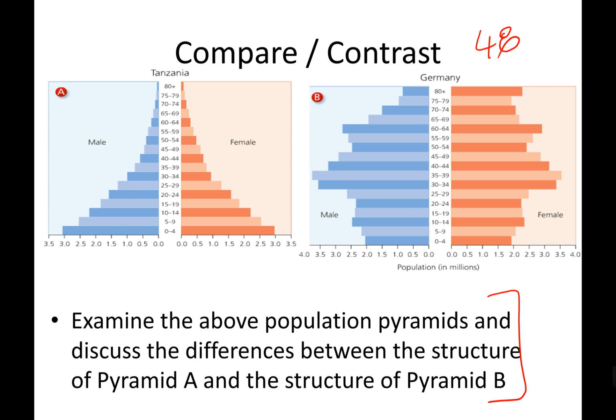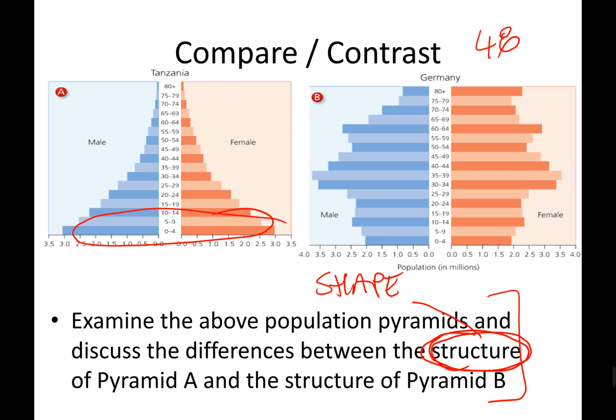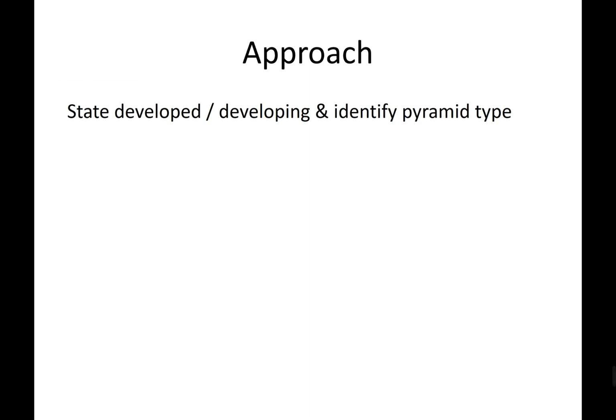So examine the above population pyramids and discuss the differences between the structure of Pyramid A and Pyramid B. Structure always refers to shape. So when you see that, you're talking about the base, the progression, and the top. Okay? So here's how you're going to answer this. You're going to start off by stating which one, A or B, is the developed or developing country.